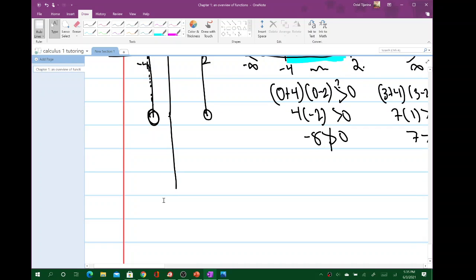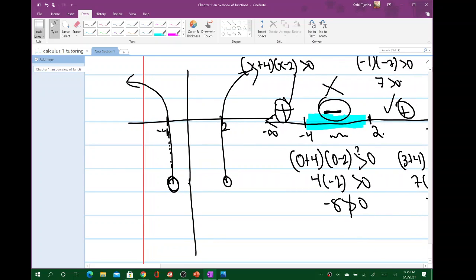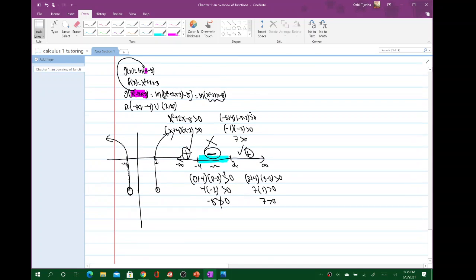Just looking at this, maybe it does have a range. It definitely does have a range. We're just going to go ahead and skip this one. This one's really difficult because I'm not exactly 100% sure.